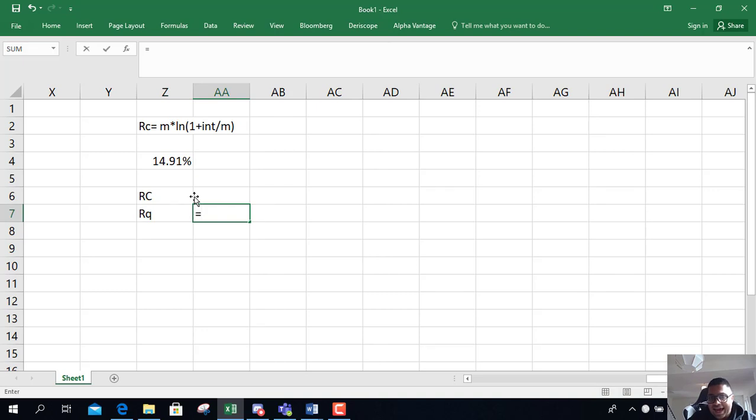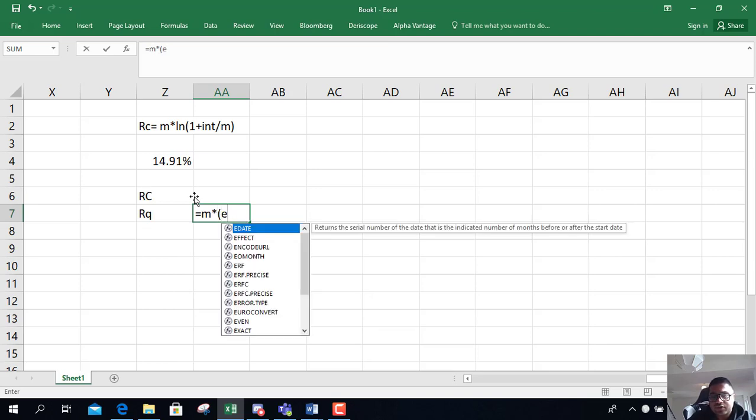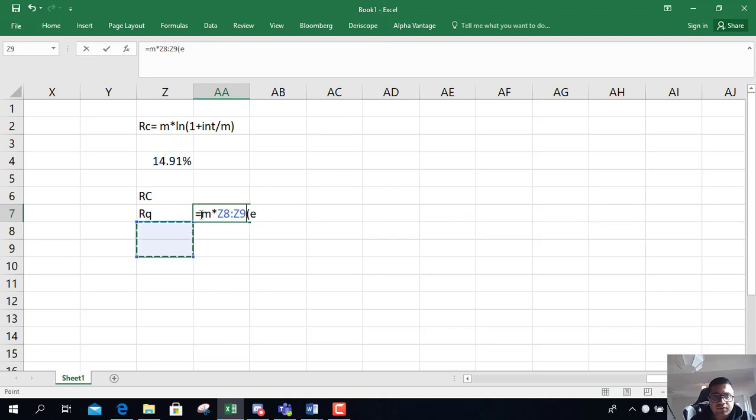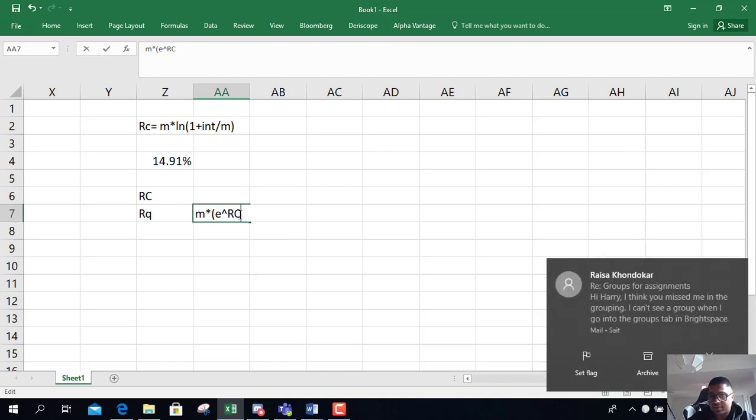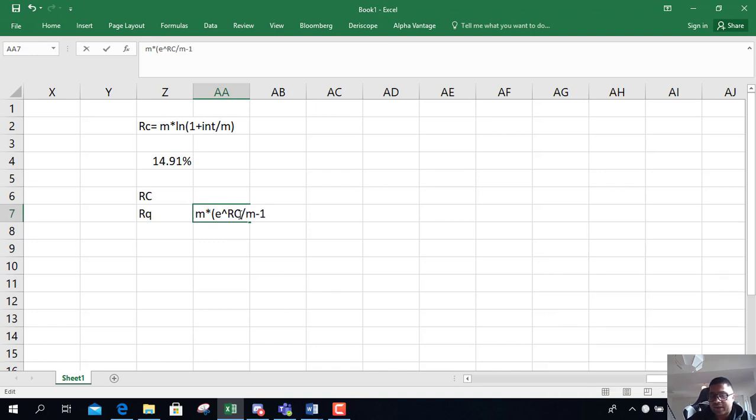The formula is M, the frequency of compounding, into e exponential to the power of the interest rate, let's say we have been given RC, the continuously compounded interest rate, divided by M, minus 1.